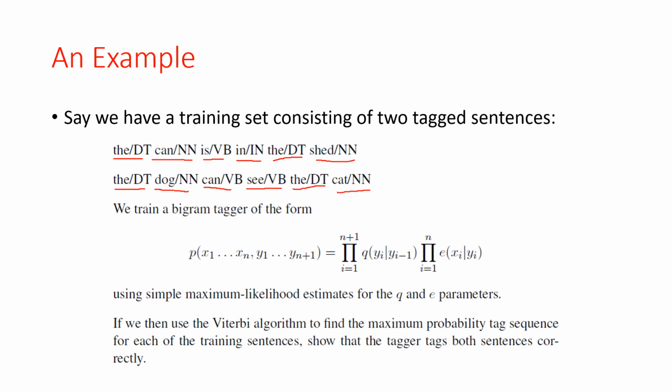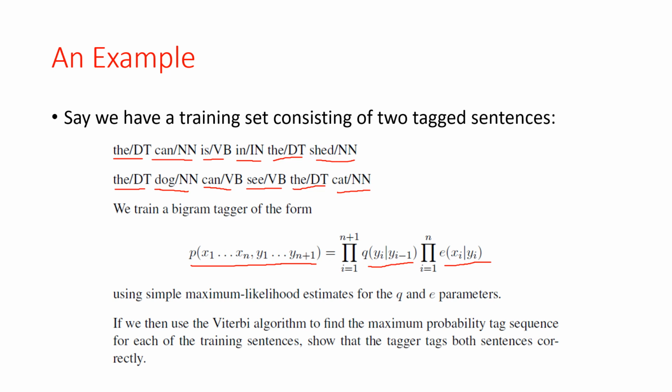And then we train a bigram tagger of this form. To calculate the joint probability of a sentence and the corresponding tagged sequence, we need to multiply these q and e terms. So we have n plus 1 q terms, the probability of a tag given a previous tag, and the probability of a word given a tag.